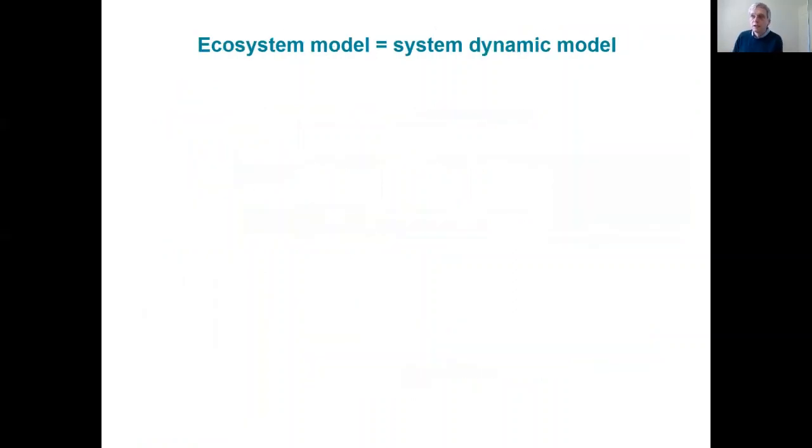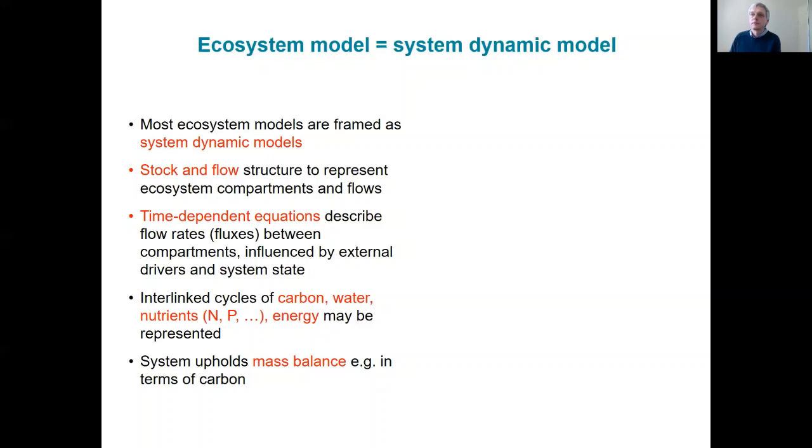And therefore the models that we use in ecosystem science, and certainly the ones that are the focus in this training course, are a particular class of models that are system dynamics models.